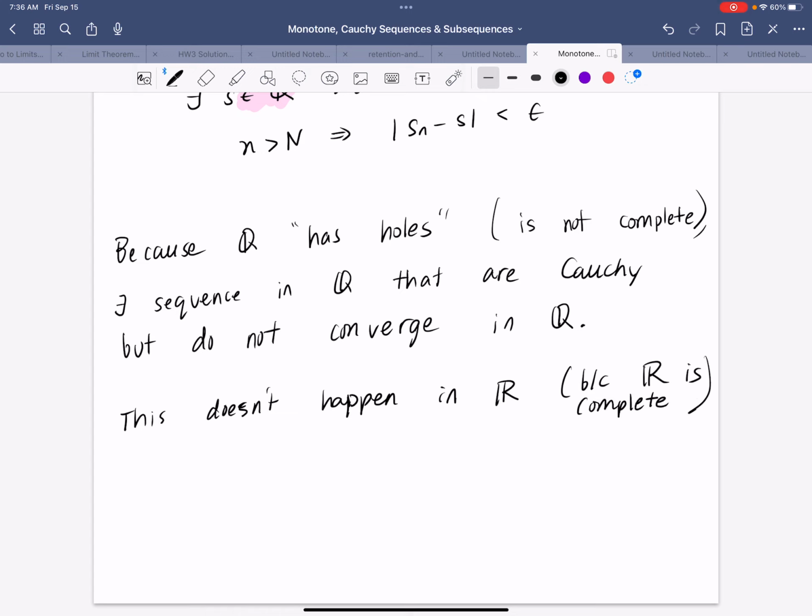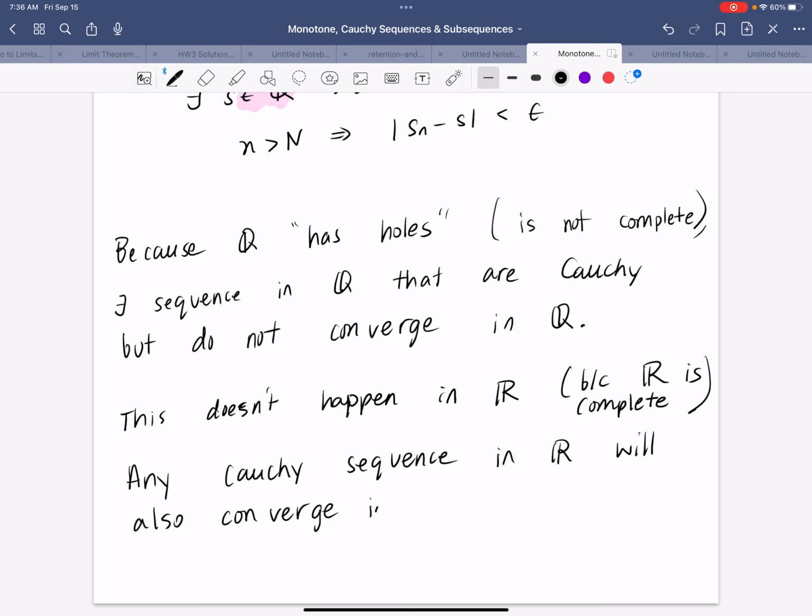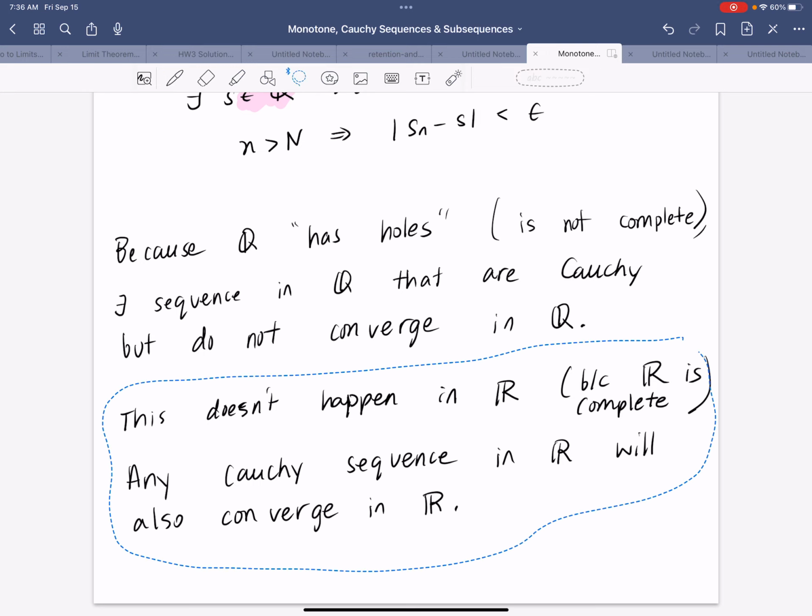Right? So any Cauchy sequence in R will also converge in R. And so, can you think of an example?